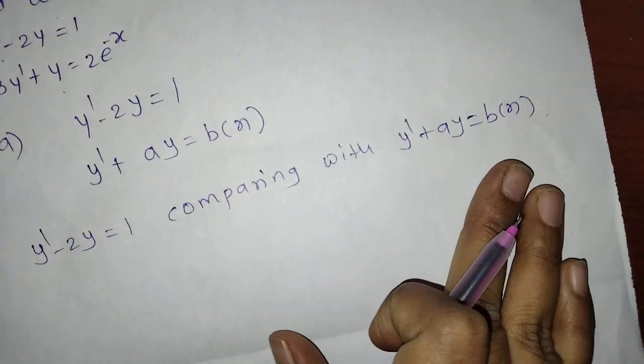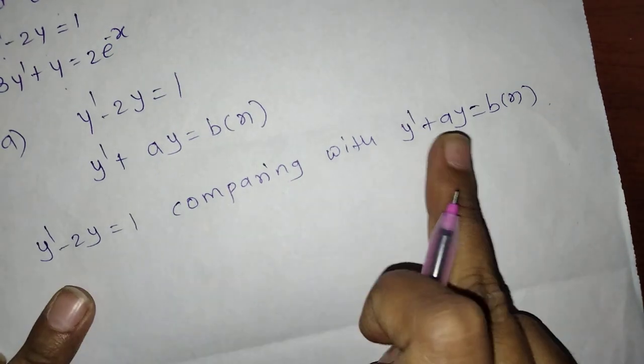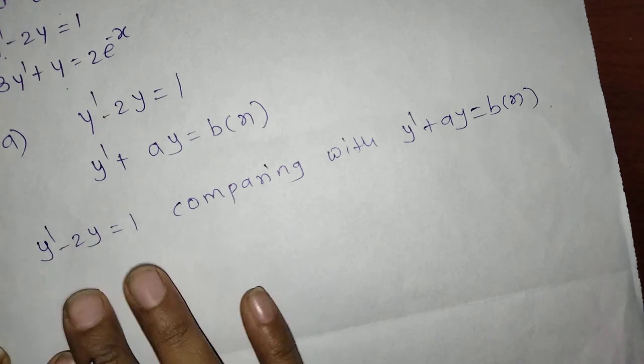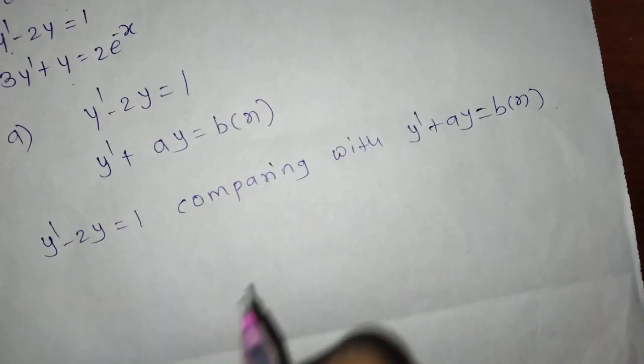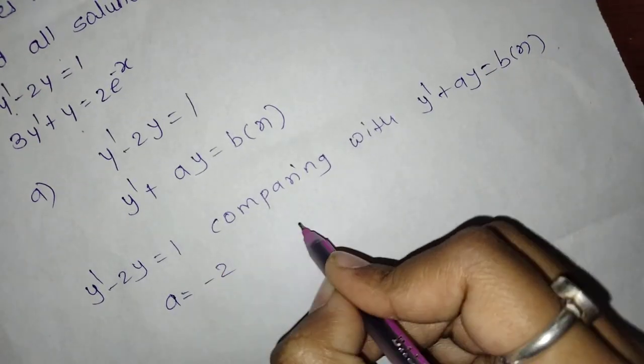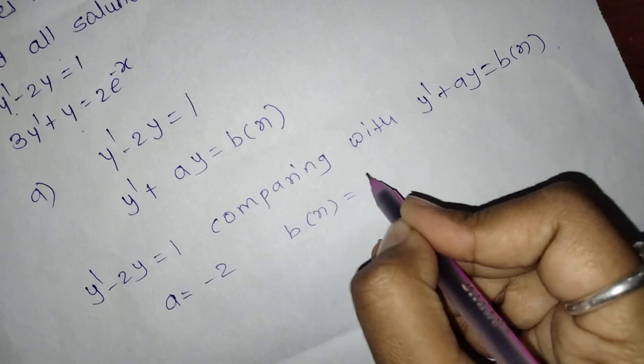Comparing this equation with y' + ay = b(x), we get a = -2 and b = 1, because these are the coefficients of y' and y.